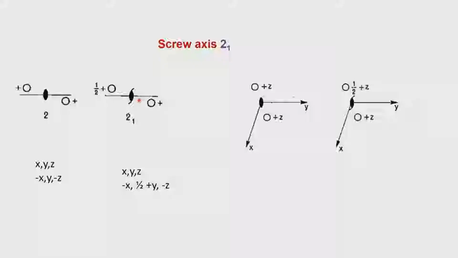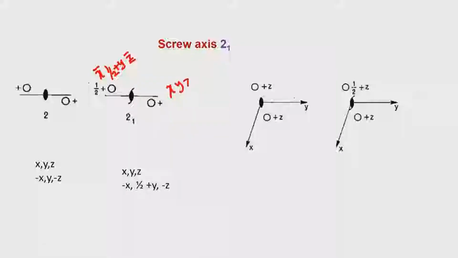So the equivalent points therefore will be x, y, z, and maybe I have to use the pen now just to indicate it: x, y, z, x bar, half plus y, z bar.